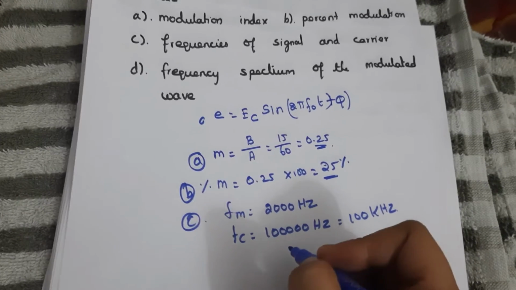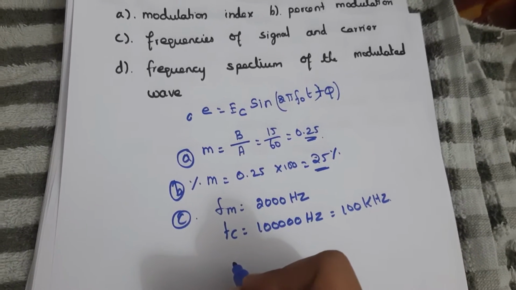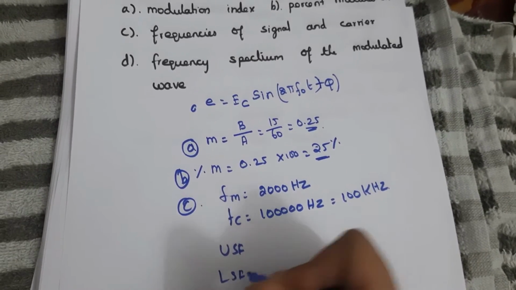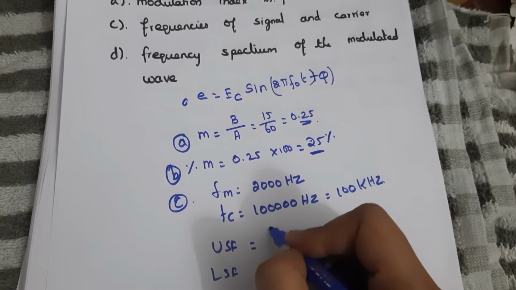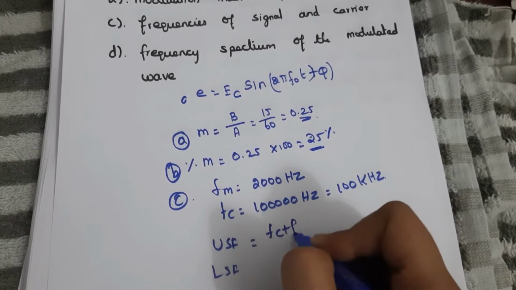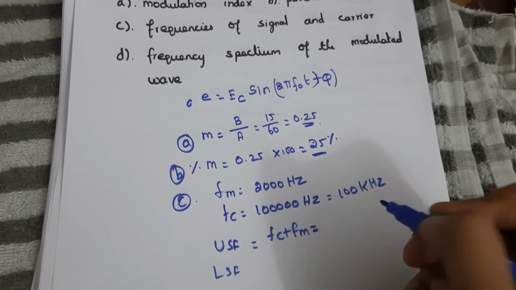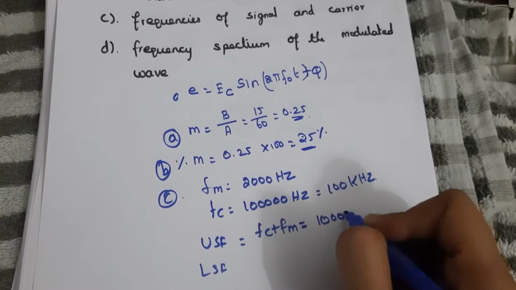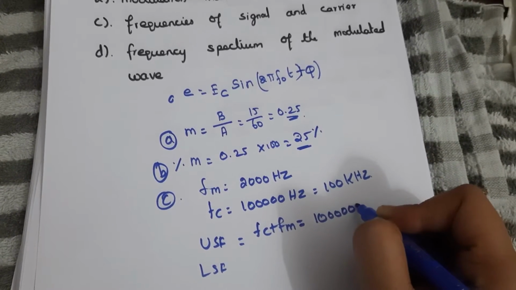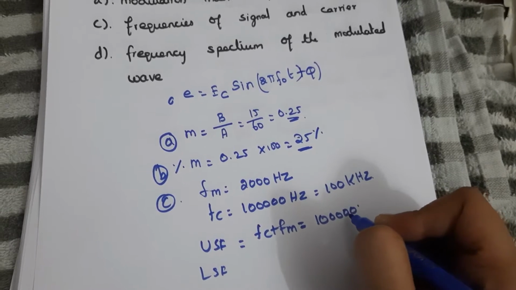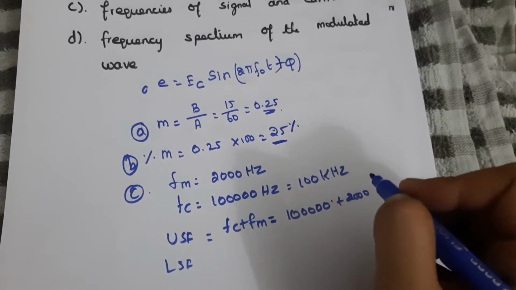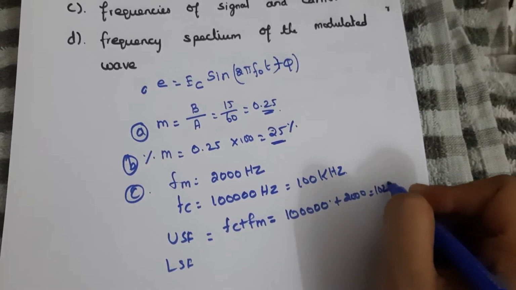And for the frequency spectrum of the modulated wave, they are asking for USF and LSF. We know the formula USF is FC plus FM. So this becomes 100 kilohertz plus 2000, so we will get 102 kilohertz.